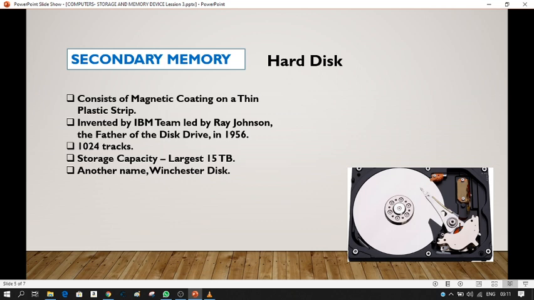As of January 2019, the largest capacity of drives reaches 15 terabytes. Another name of the hard disk is Winchester disk.